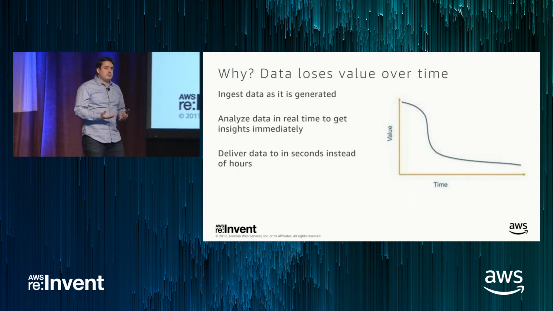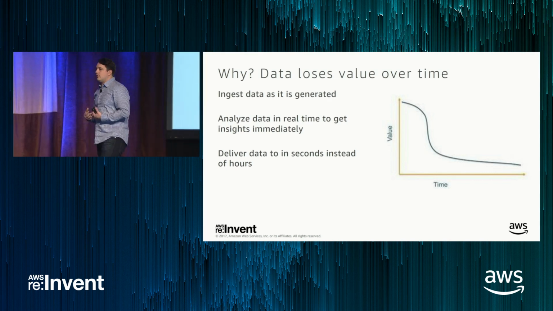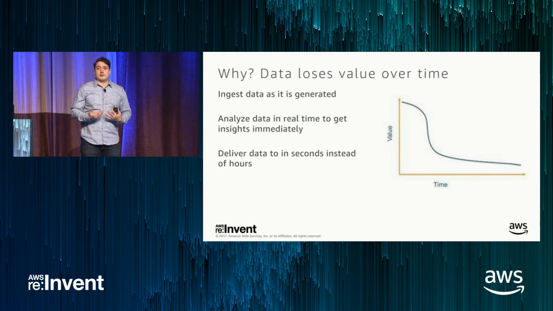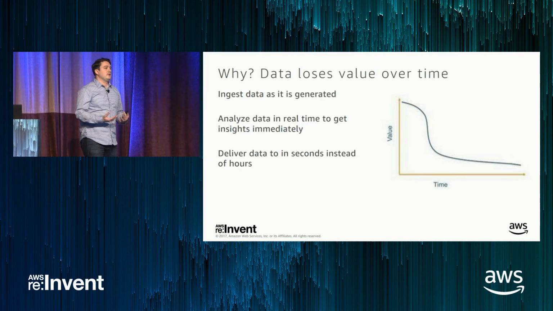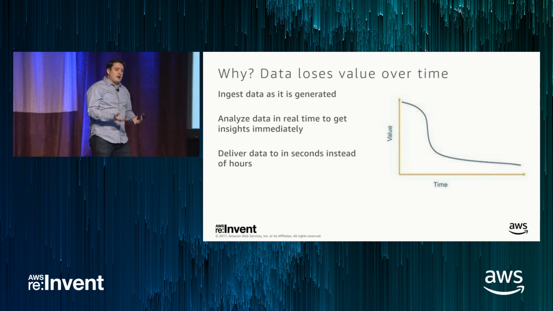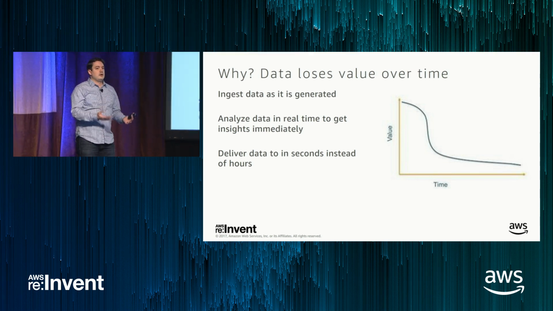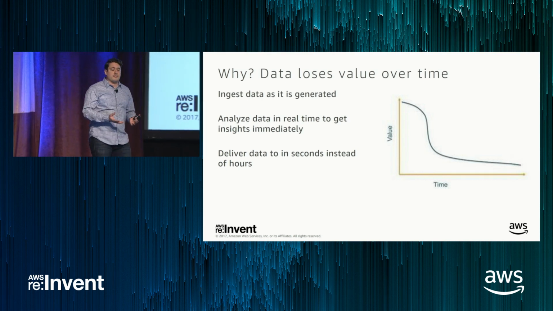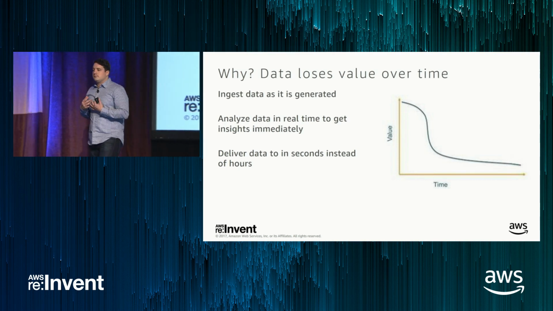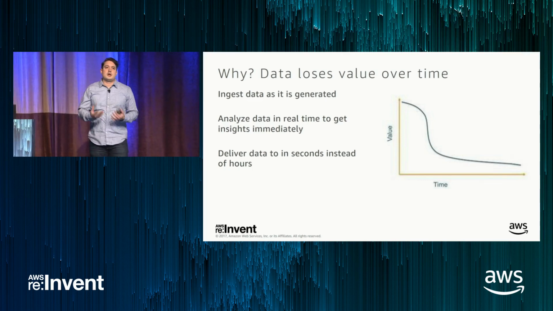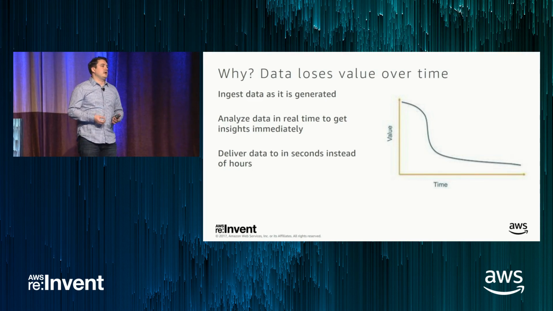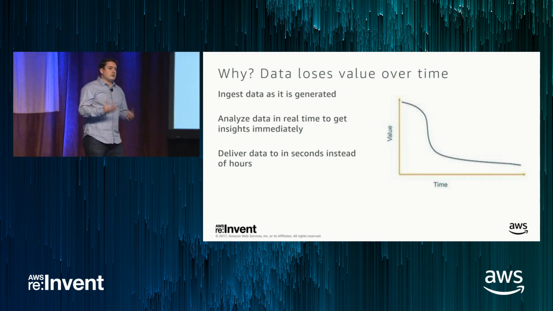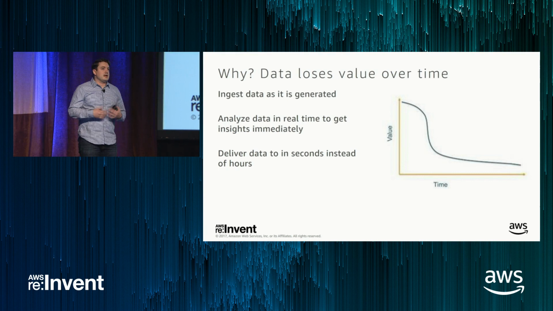So why do people use streaming data? There are several reasons, but one of the examples we like to point out as an Amazon Kinesis team is that data loses value over time. The simplest example of this is fraud detection. Say you go overseas from your home country, go to a restaurant, charge your card, and you get an instant notification from many banks telling you, hey, we've detected that your recent charge was not typical.